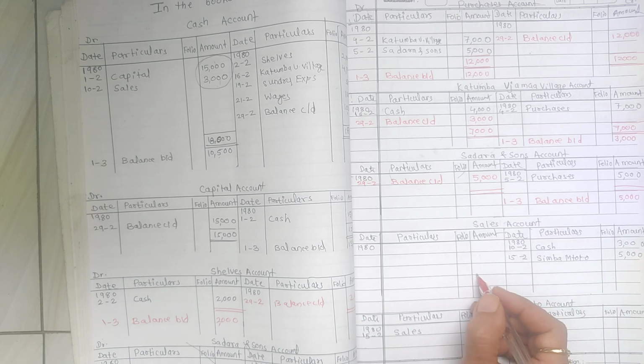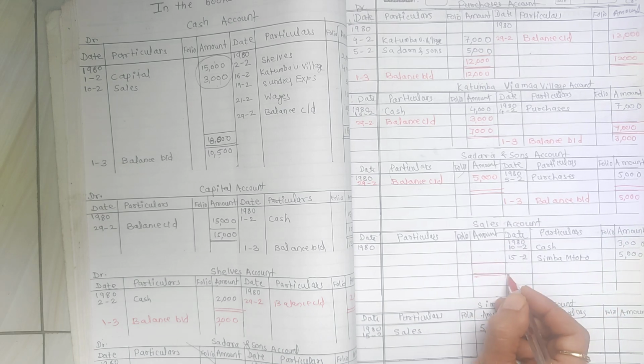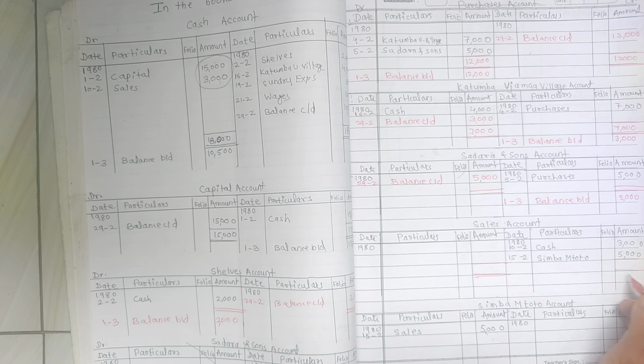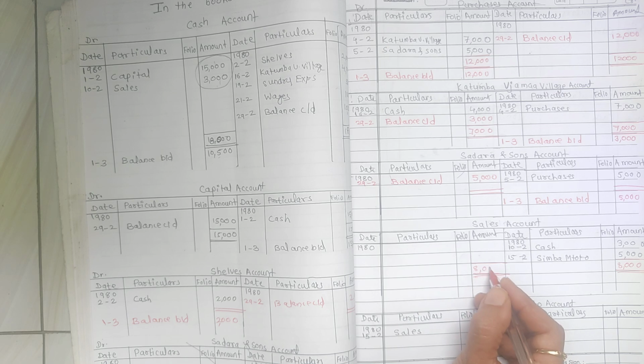Now sales account. See, we sold goods, cash 3,000 and on credit to Simba Moto 5,000. So total sales is 8,000. Sales include both, whether it is a cash sale or a credit sale.